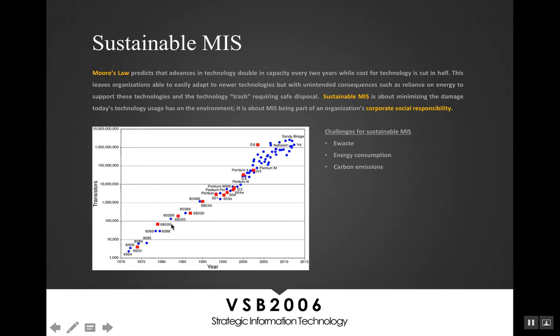Going back to the 70s, you can see 1,200 transistors in the 4004 chip, an early 70s Intel processor. As we scroll up, you start seeing the growth as we got into the early 2000s, when it was 10 million transistors.